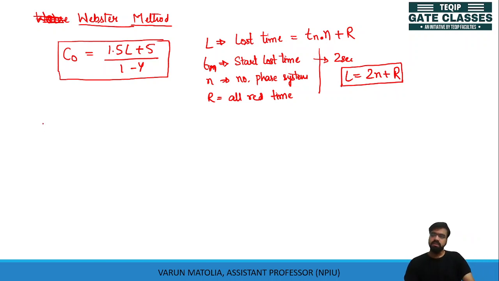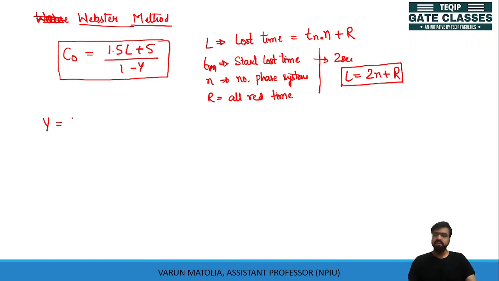Then what is Y? Y is the proportion of vehicles traveling in both directions. It is the sum of the proportions of vehicles traveling in both phases, in terms of the calculated flow during the design period relative to the saturated flow.